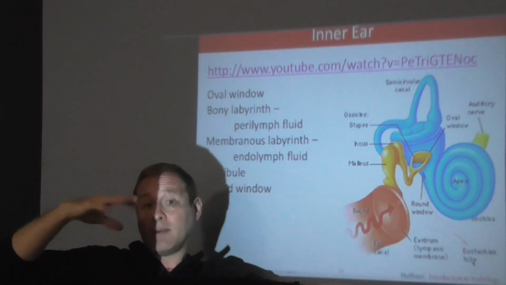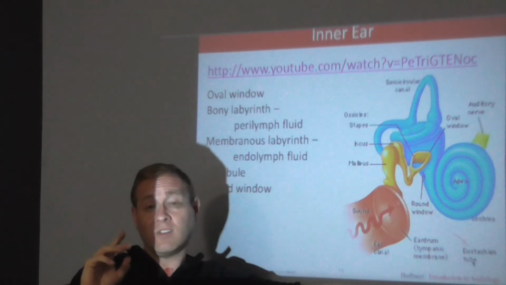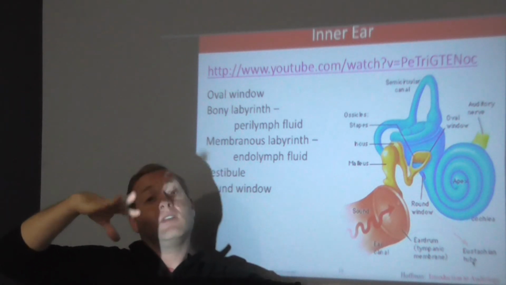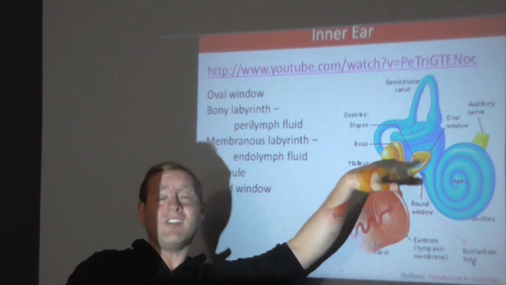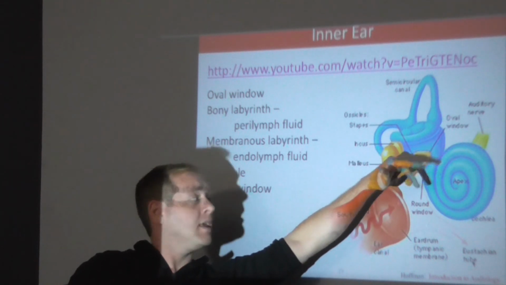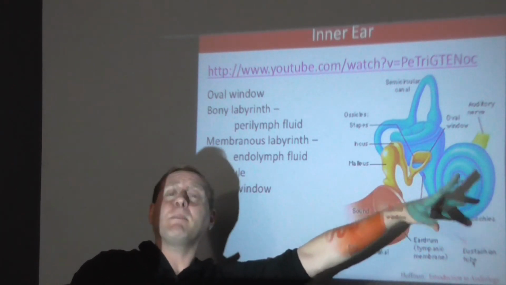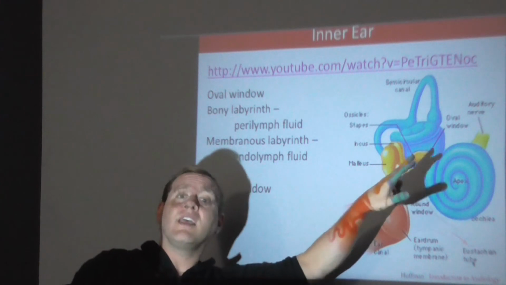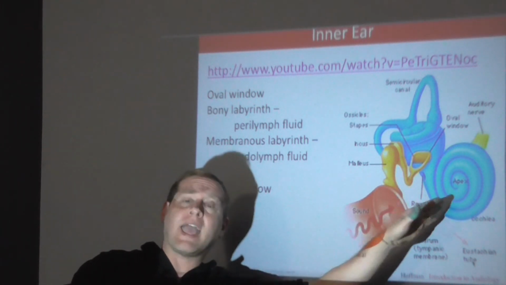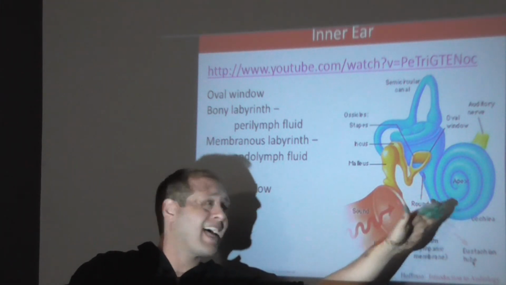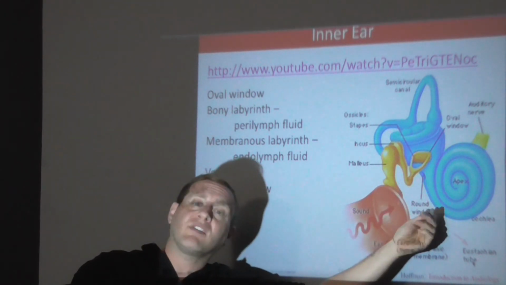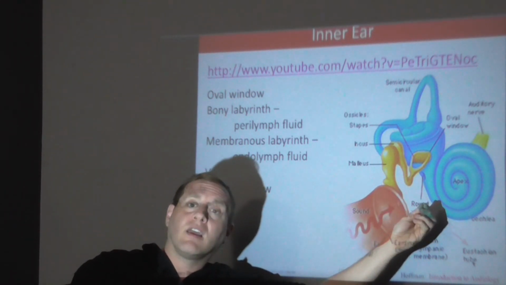Now, high frequency sounds, or higher pitch sounds, vibrate faster. So the vibrations of the perilymph fluid that travel up the cochlea actually stop at the lower end of the cochlea, at the base of the cochlea, and those hair cells fire.